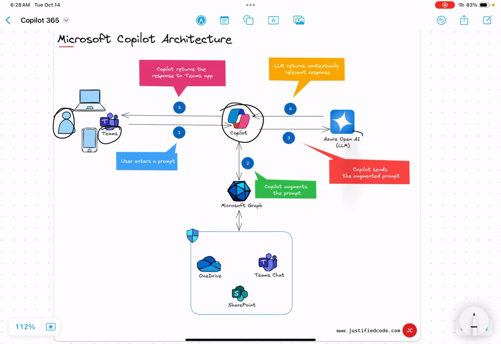We have Azure OpenAI responsible of generating text. We have Microsoft Graph down below, component used to access your organization data.